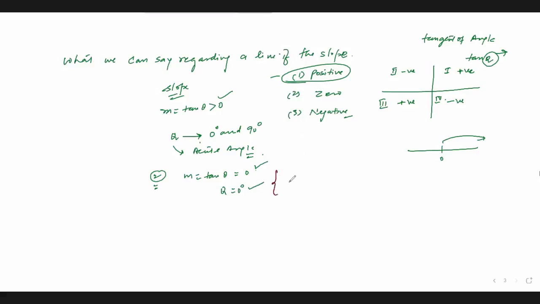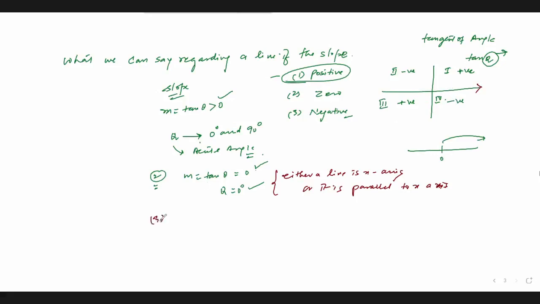We can comment that either the line is the x-axis or it is parallel to the x-axis. So a line with 0 slope is parallel or it can be coincident with the x-axis.